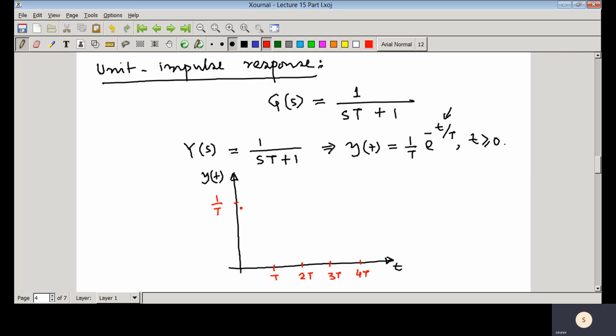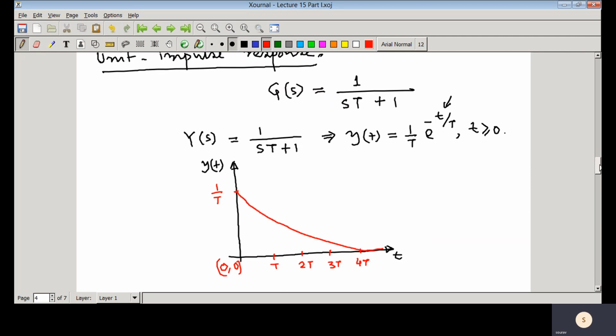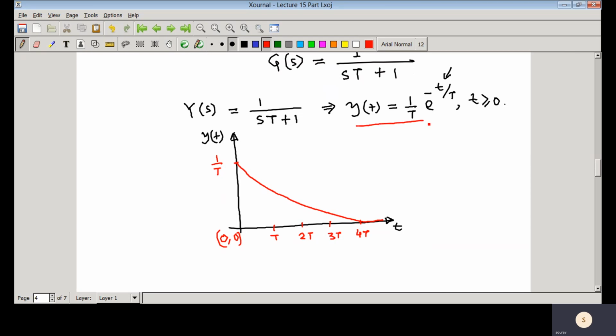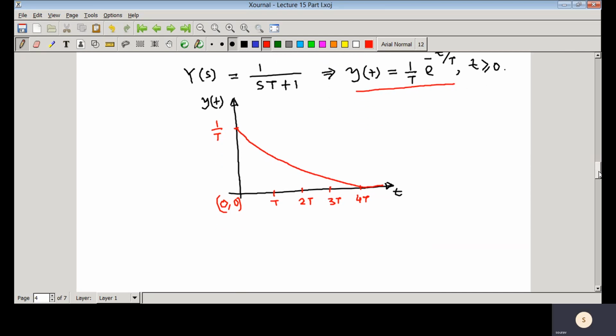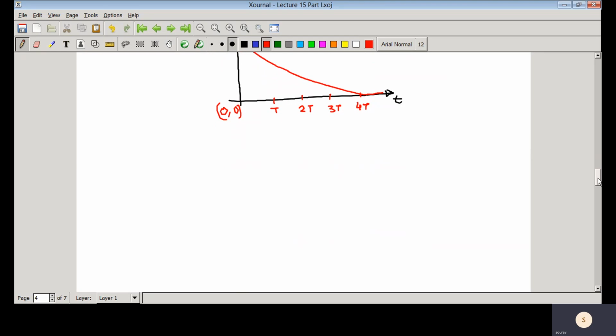Basically the final value is 0, and it takes 4 times T, where T is the time constant, to reach within 2% of its final value. So this is the typical unit impulse response, and this is that expression. We get it just by taking the inverse Laplace transform.